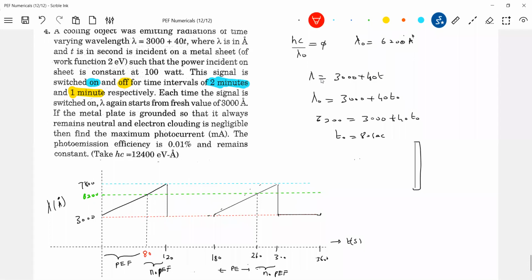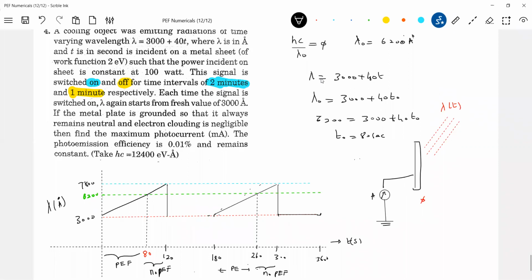There's a radiation incident, lambda of t. This has a work function and it is grounded. And here I'll connect an emitter which will read this particular thing.